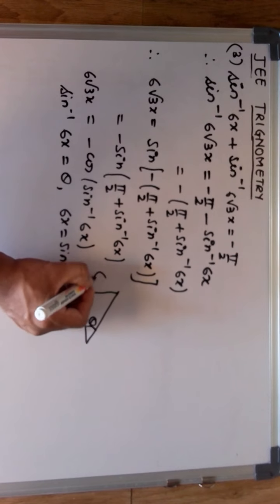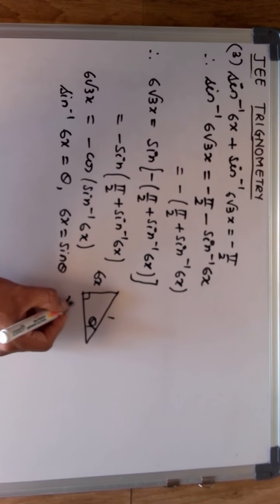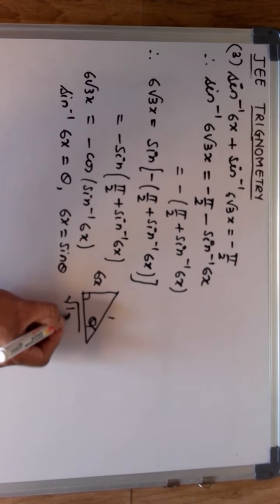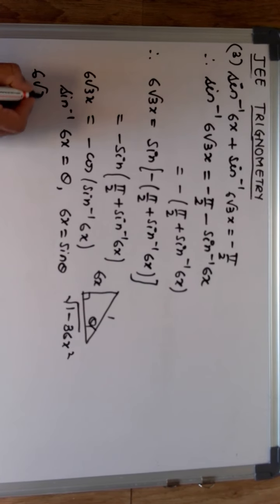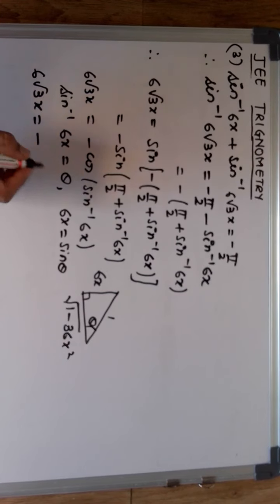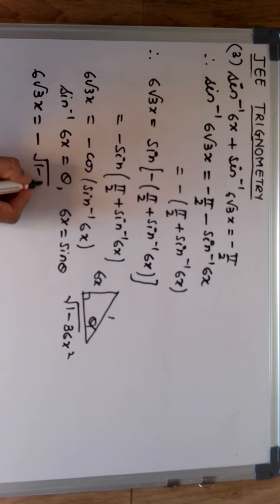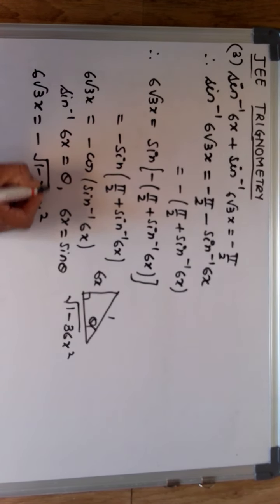So this becomes your opposite and this becomes your 1. So the base becomes under root 1 minus 36x square. On the basis of that, I get cos theta. So minus cos theta will be your 6 root 3x, where cos theta is under root of this upon the hypotenuse, that is under root 1 minus 36x square.